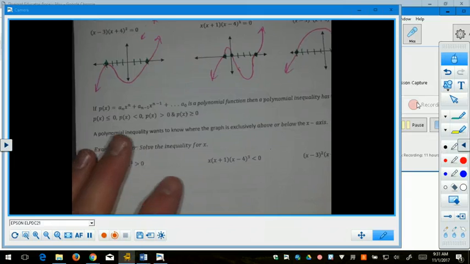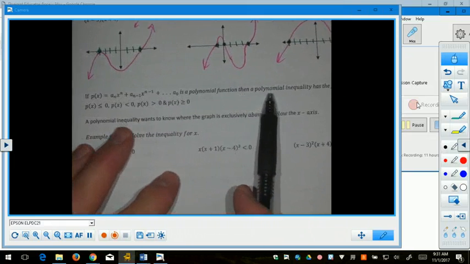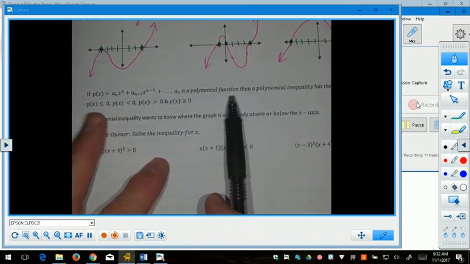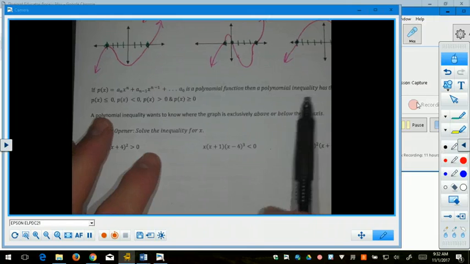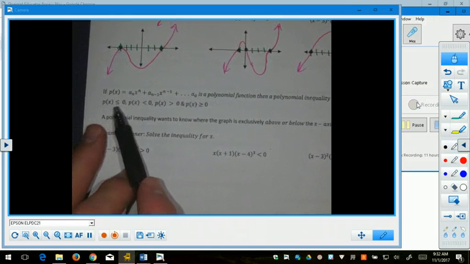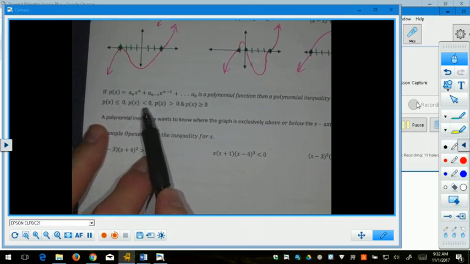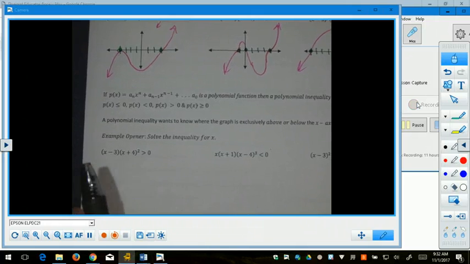All right. If you have a polynomial function and it's written as an inequality, then you have one of these things. Either the polynomial is supposed to be less than or equal to 0, or strictly less than 0, or greater than 0, or greater than or equal to 0.